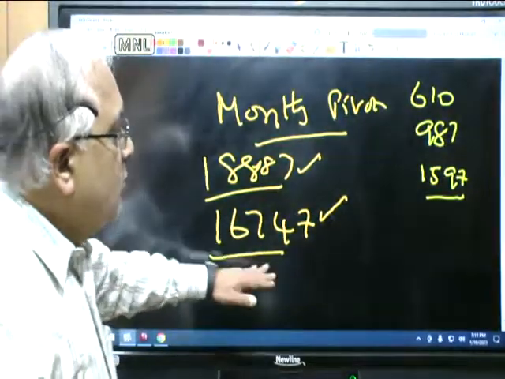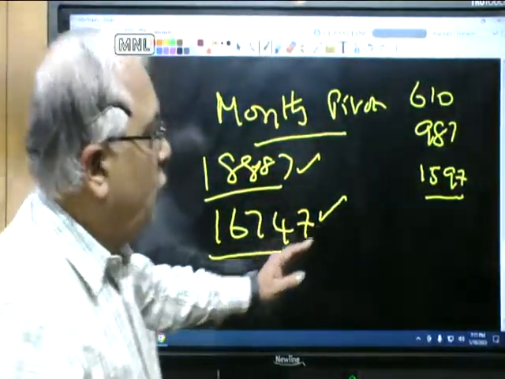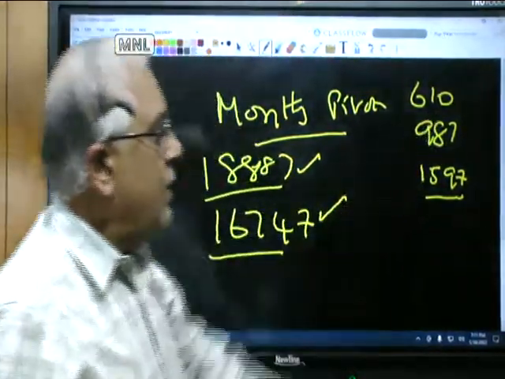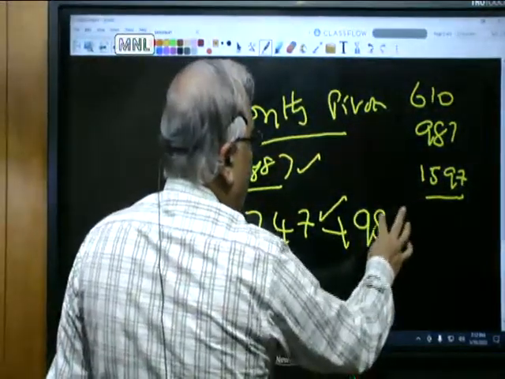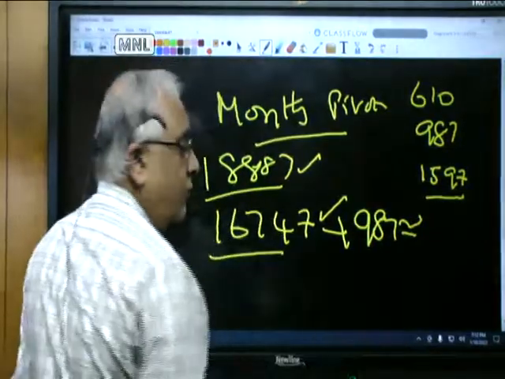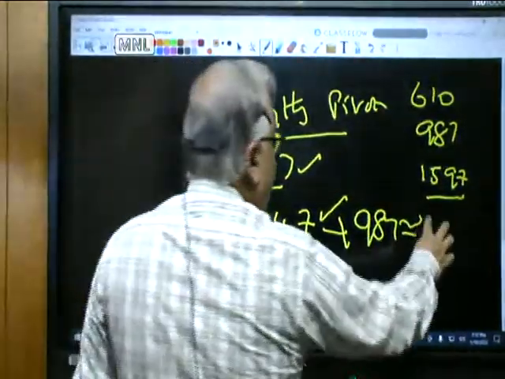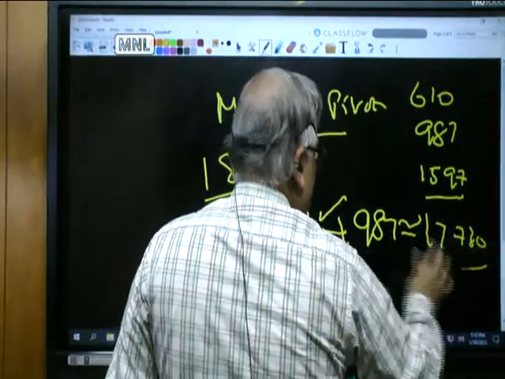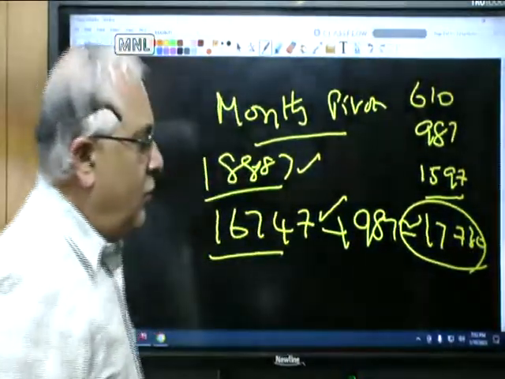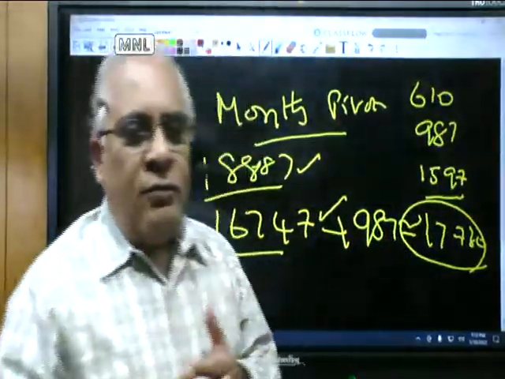So take 16,747, and with this you keep adding these numbers. 16,747 plus 987, approximately let us say 1000, comes to 17,730 or so. I've just rounded that, so this is on a figurative basis.